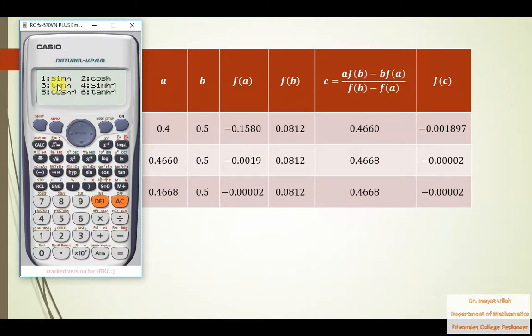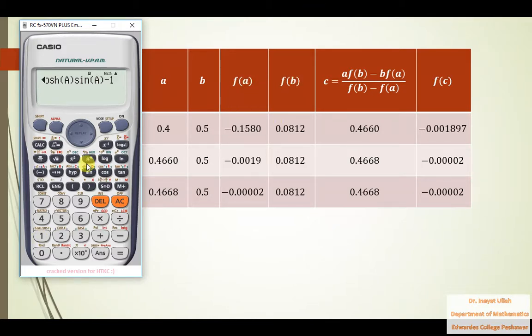You'll see which function you want to enter. We need cosh, which is related with 2, so press 2, and the display shows cosh. So 2 cosh A multiplied by sin A minus 1, so that is f of A.